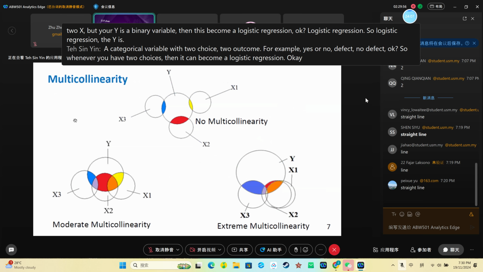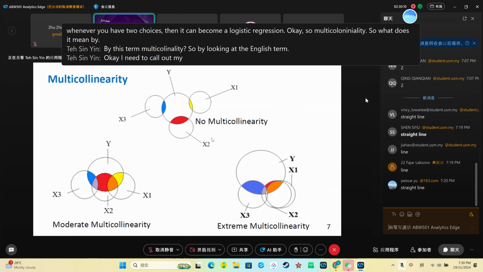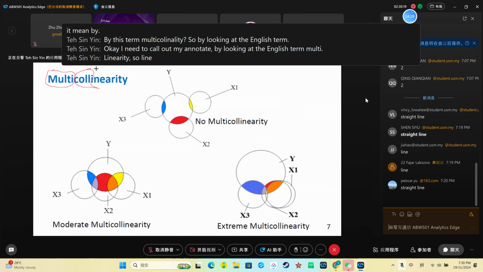So multi-collinearity. What does this term mean? Looking at the English term, multi-collinearity, there is linear.